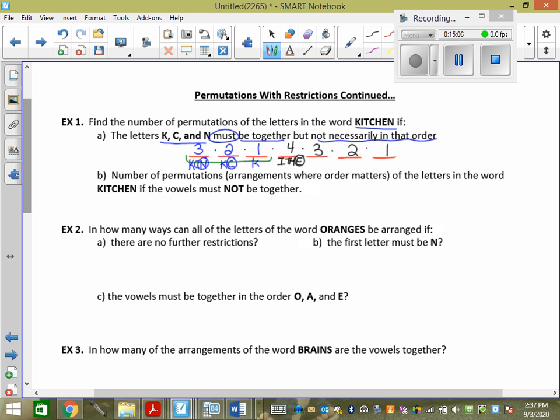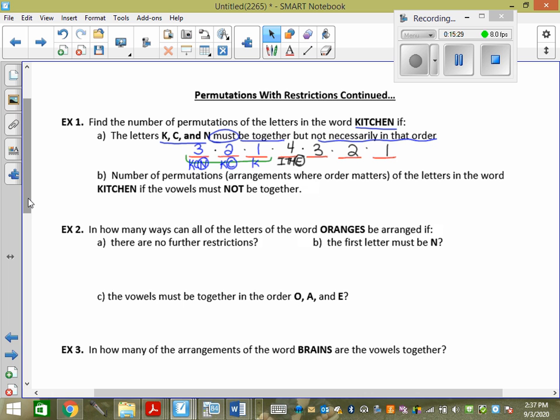We agree? So I'm going to show you off to the side here. Technically, let's say I have K, C, N, and then I have 4, 3, 2, 1, whatever this may be, right? And I've hooked these together. Okay? So this is one way. We agree?